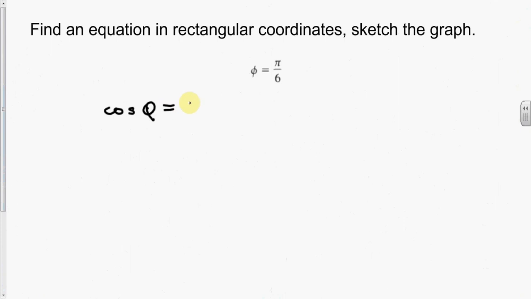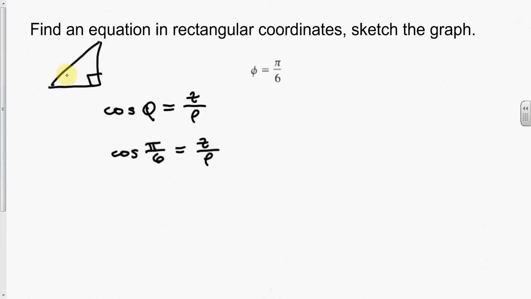Cosine phi, you recall, is equal to z over rho. So cosine of phi, this is cosine of pi over 6, that's equal to z over rho. So the cosine here is the square root of 3 over 2.